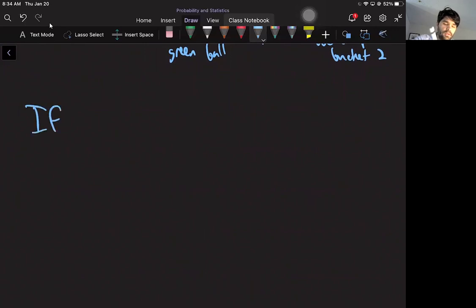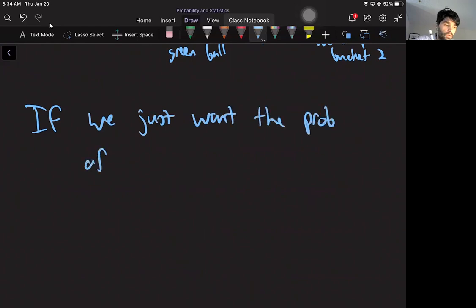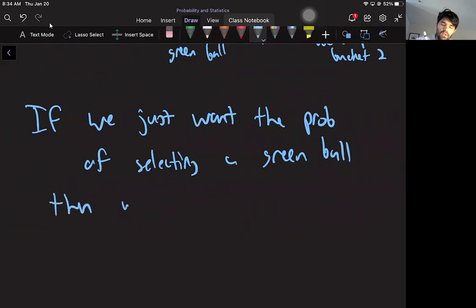Okay, so let's do another example. If we just want the probability of selecting a green ball, then we can use the law of total probability.